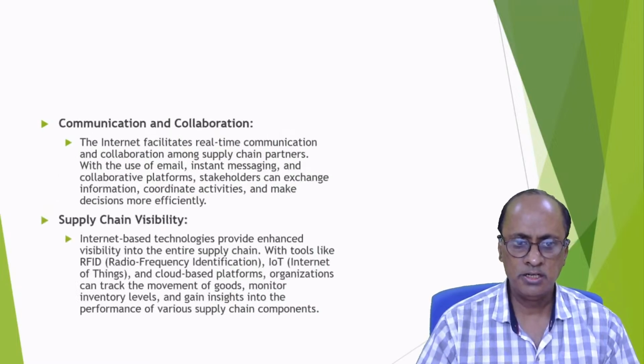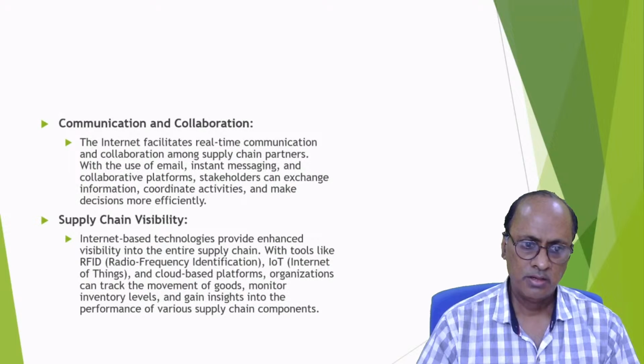Communication and collaboration. The internet facilitates real-time communication and collaboration among supply chain partners. With the use of email, instant messaging, and collaborative platforms, stakeholders can exchange information, coordinate activities, and make decisions more efficiently.